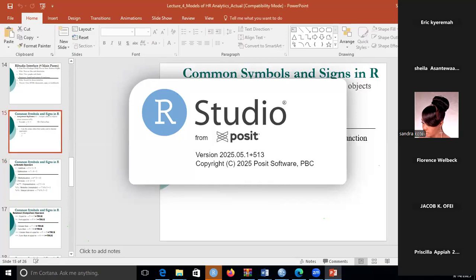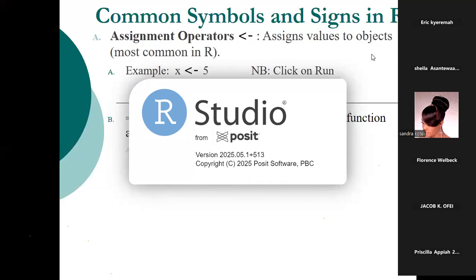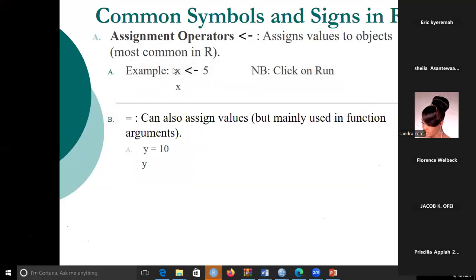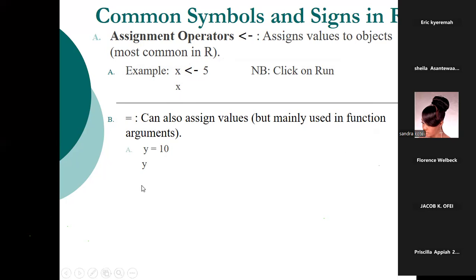So you have now, please look at this. Have you typed this? Yes, please. Once you type it, and after typing the 5, click on run. I don't need to show you where the run is, right?